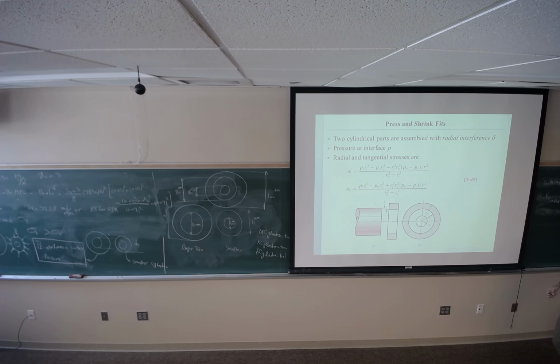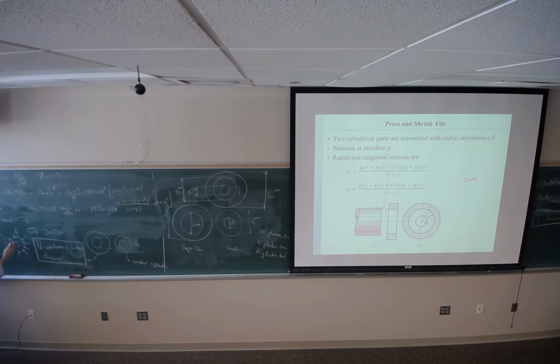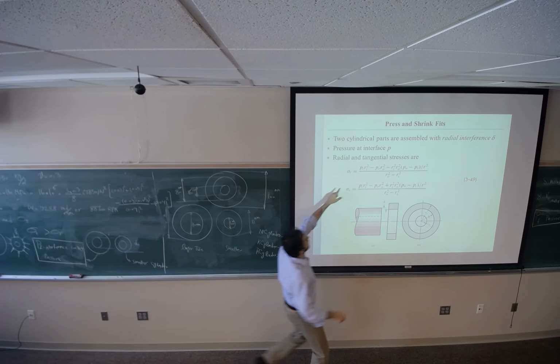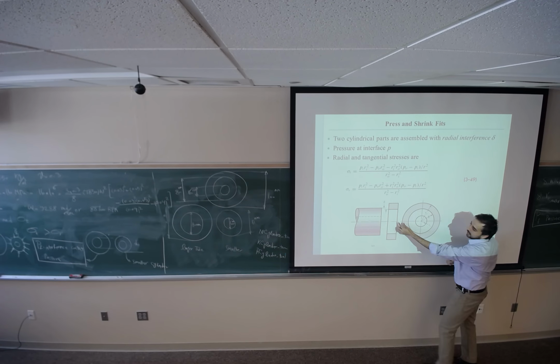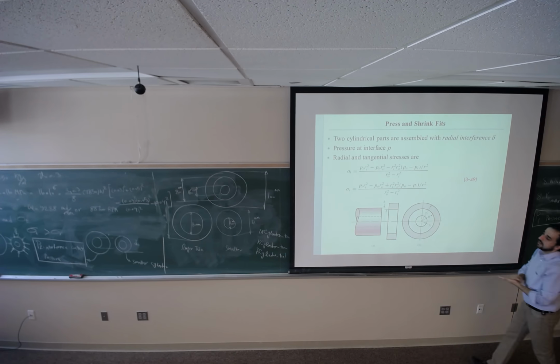So due to this difference, I'm going to get some pressure, the pressure due to the press fitting. This pressure is going to be the external pressure for the smaller component and the internal pressure for the larger component. If I know the P, I can find the stress developed in the larger component and the stress developed in the smaller component.